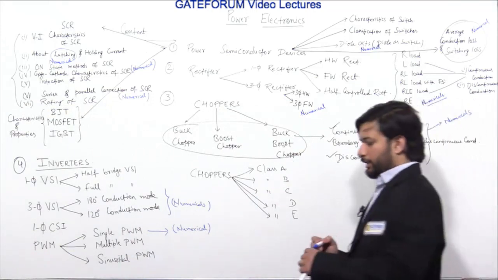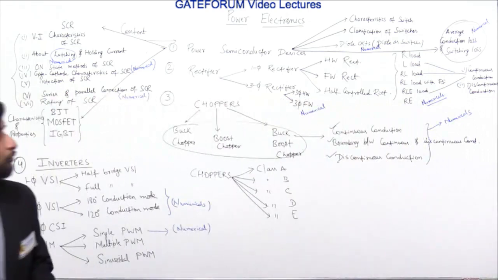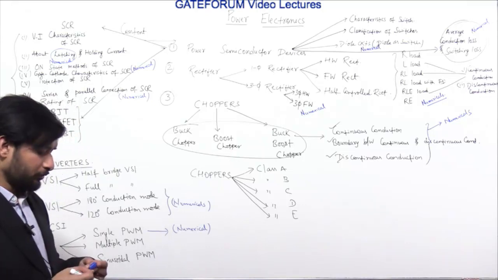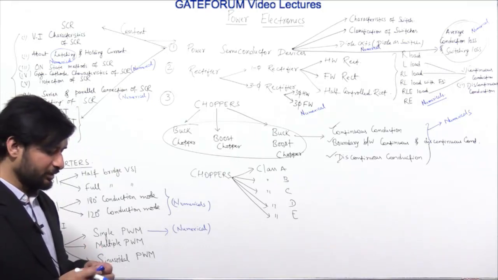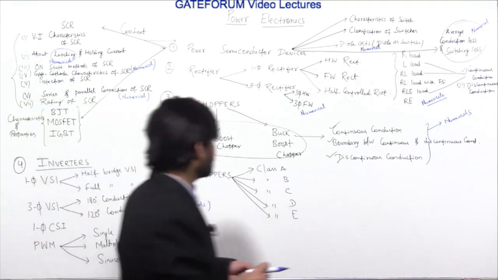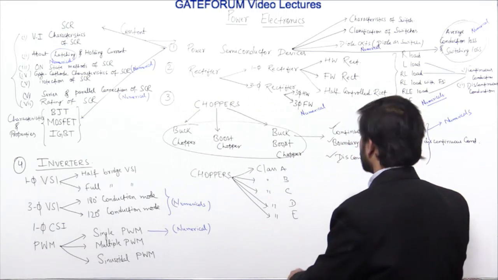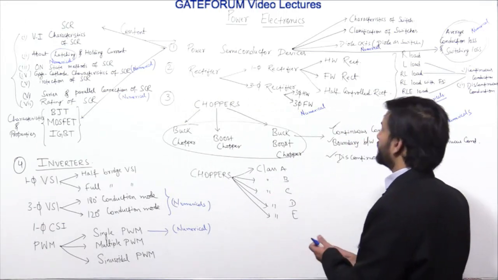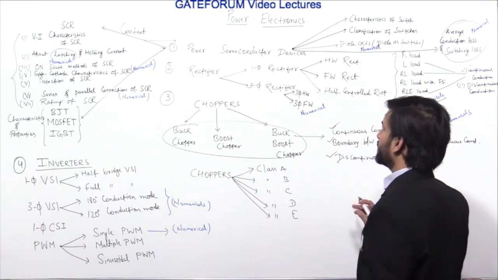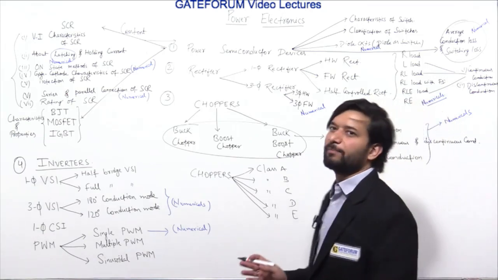Okay, in the chopper part, I have left one more thing, that is called commutation circuits. Because choppers and inverters have DC supply, right?